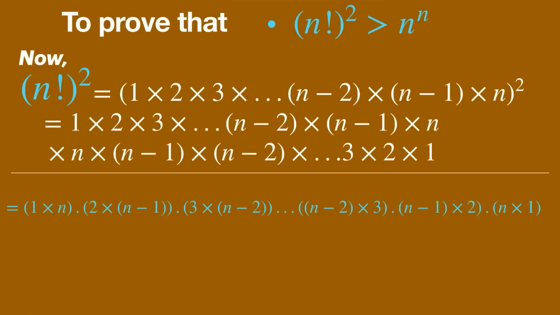So these are the 2 times multiplied values of factorial n, that is factorial n square. Just see this, and these couples are n couples.